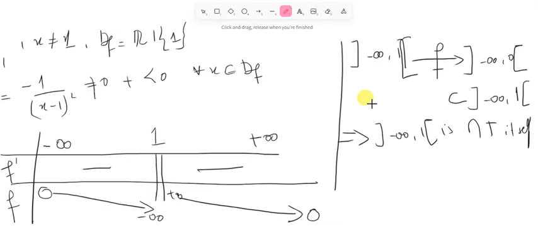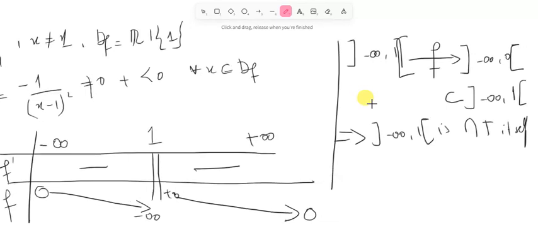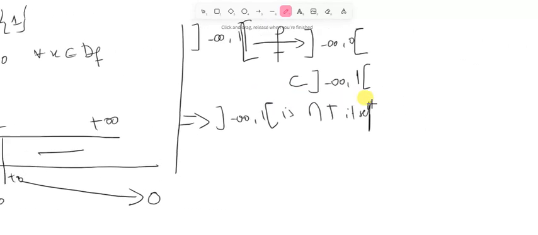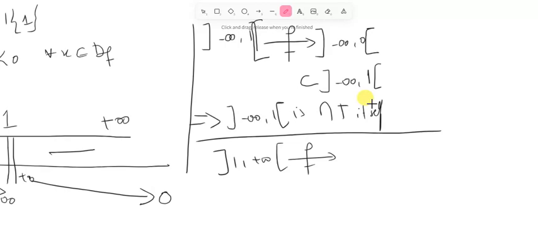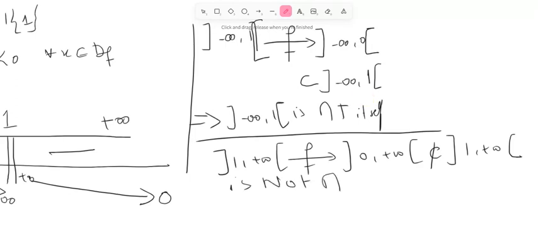Okay? We now discuss the interval 1 plus infinity. For 1 plus infinity, we have a problem with this interval because the image of this interval by f will be 0 plus infinity. And 0 plus infinity is not included in 1 plus infinity. So this interval is not mapped to itself.